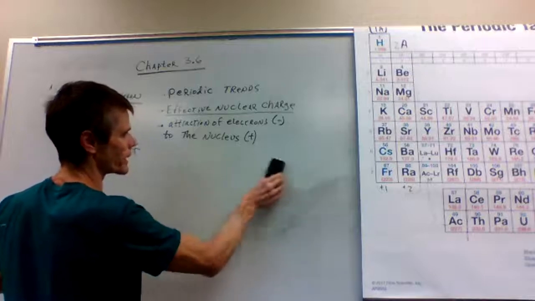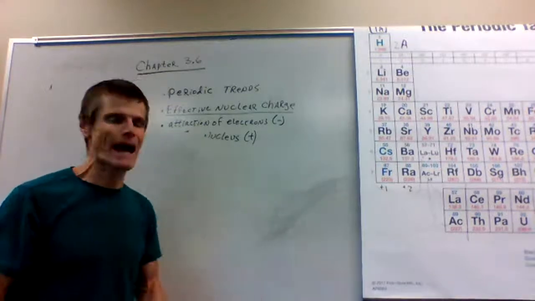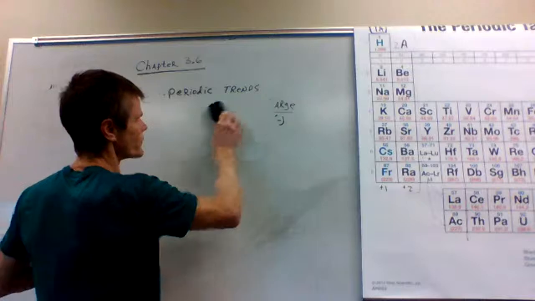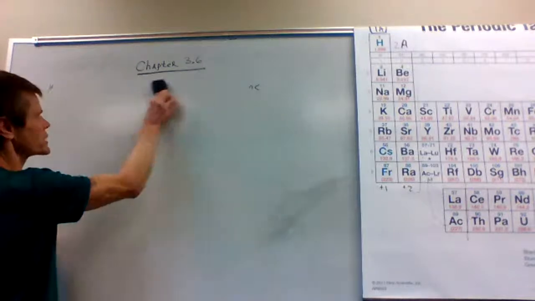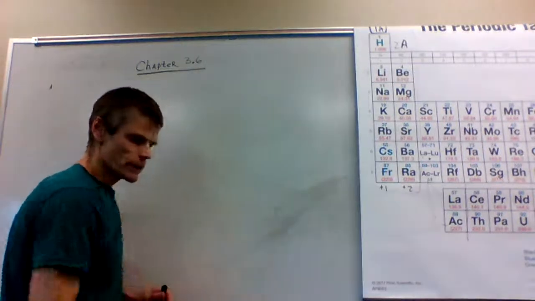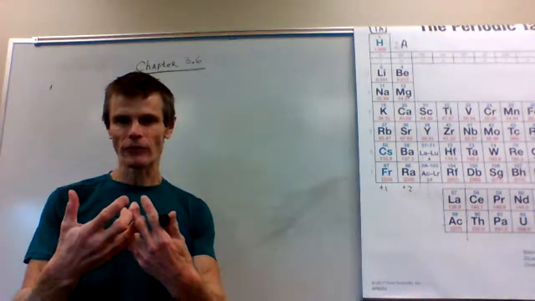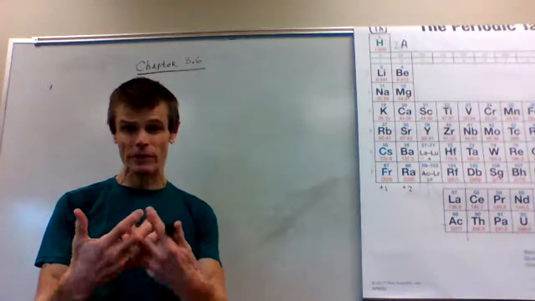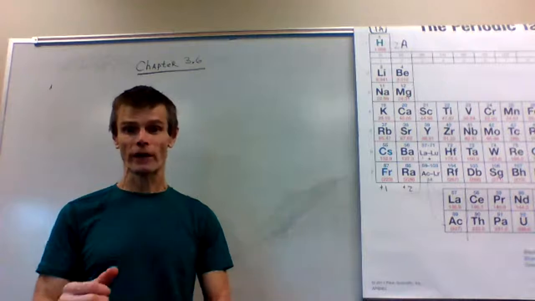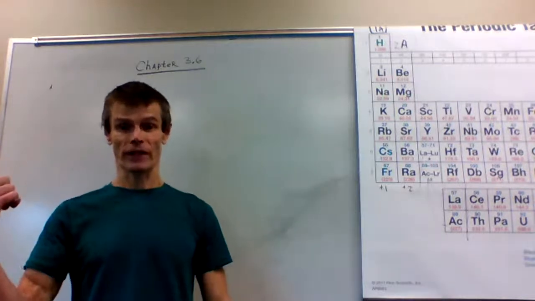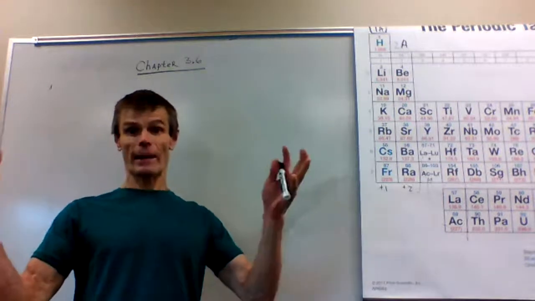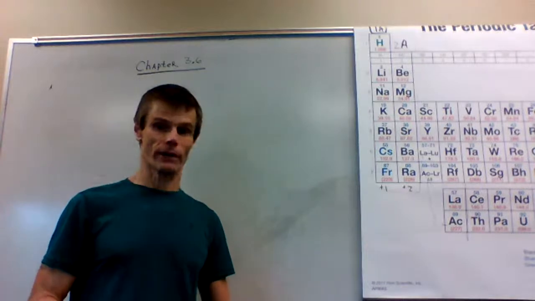As we said in our last lecture, an important aspect of effective nuclear charge is shielding. Shielding is the blocking of that positive charge within the nucleus caused by the core electrons, and how our valence electrons have a reduction in that positive charge due to that blocking effect.